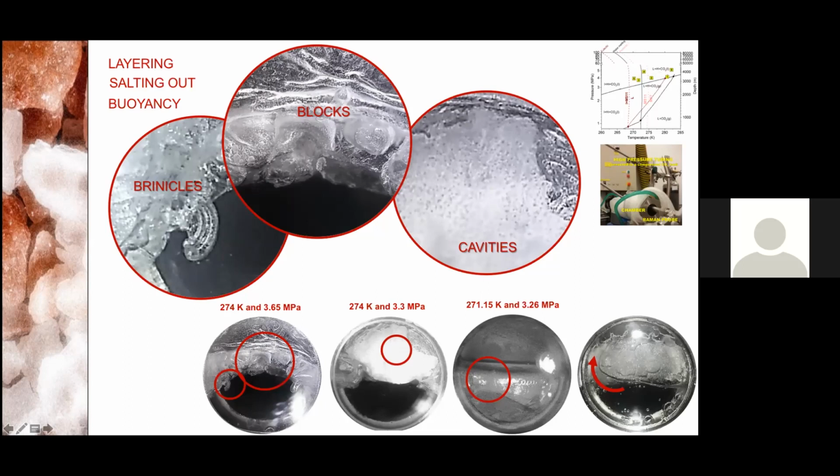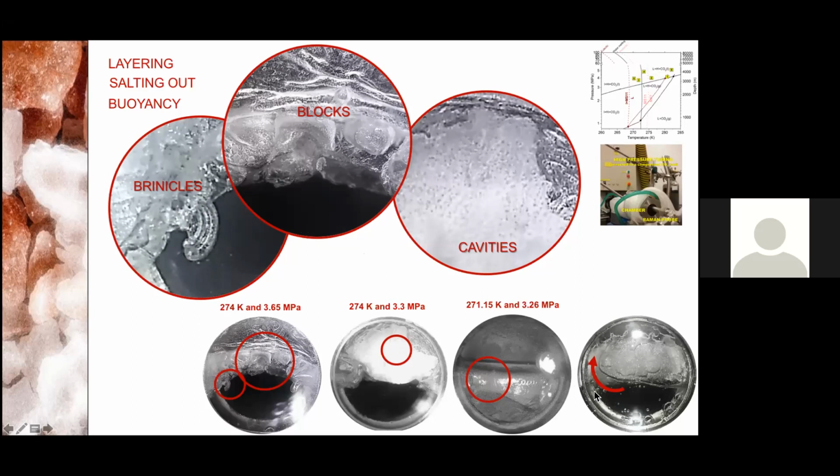We identified very interesting features, like blocks or chunks of ices with cavities that appear when the ice degasified. Also, we see some brinicles, these kind of tubes that I will describe later.